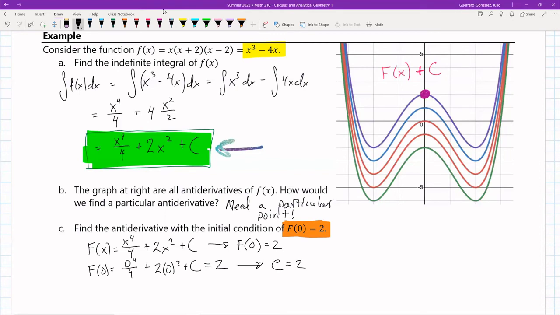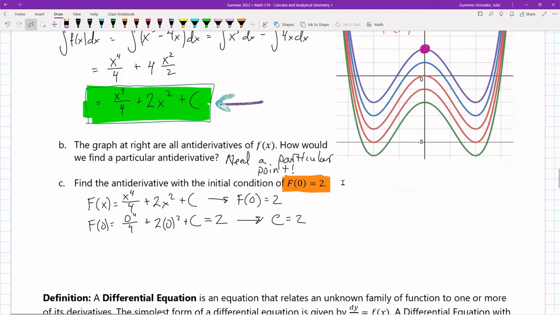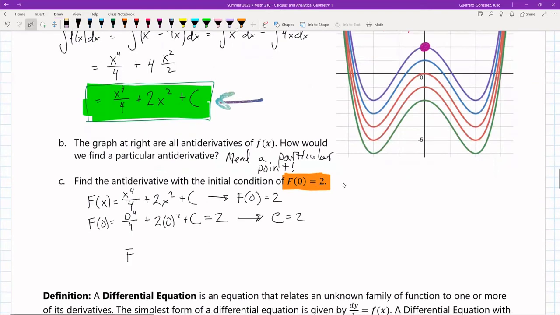So therefore, our particular solution here, big F of x, the particular solution that runs through that point (0, 2), is going to be x to the fourth over 4 plus 2x squared plus 2. And we are done.